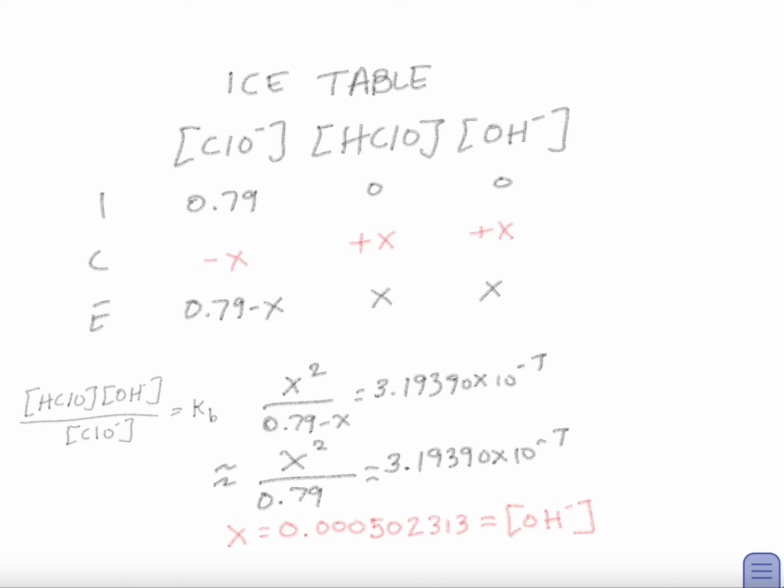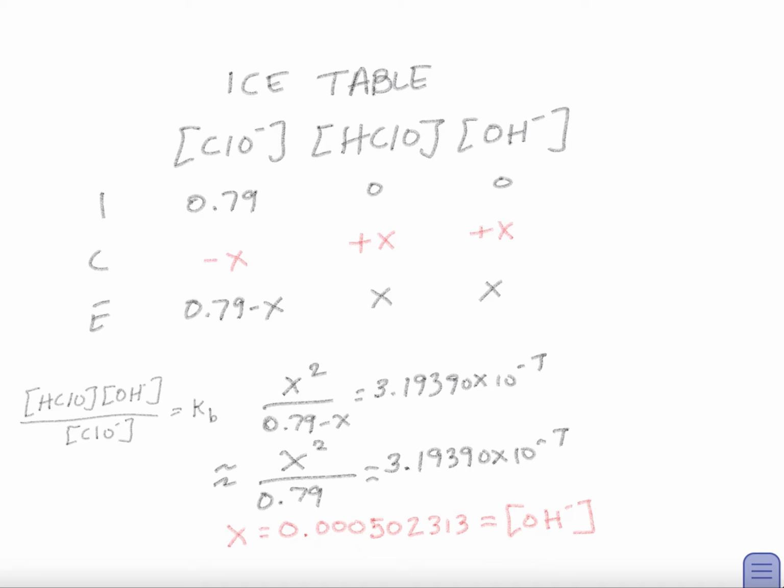Well, it's a weak base, so it's not going to make tons and tons of hydroxide. So I'm simply going to approximate that as 0. Once I do that, my math becomes easier. All I'm doing is multiplying 0.79 times Kb and taking the square root of it. So what I have found here, here's my big long number, is the concentration of hydroxide.